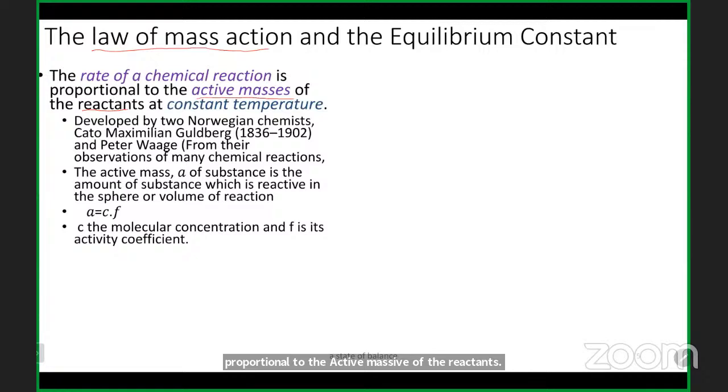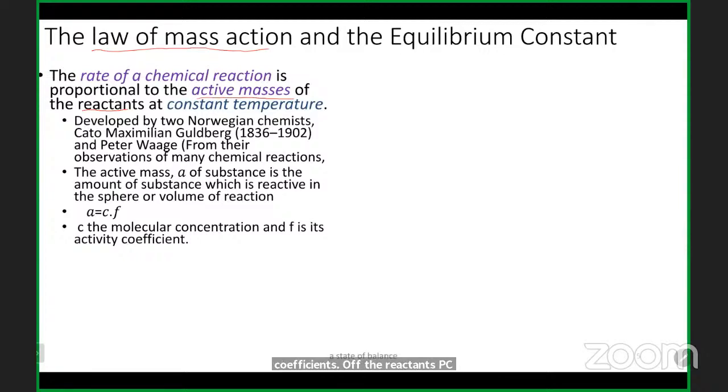Now, this law is different from what we encountered in chemical kinetics. Chemical kinetics says the rate is directly proportional to the concentration, but the form is different. The active mass of a substance is the amount of substance which is reactive in the sphere or the volume of the reaction. So whatever you put in, and it is related to the coefficient of the reacting species.